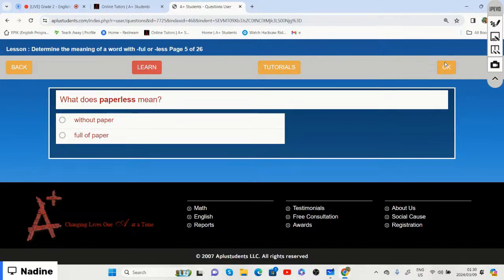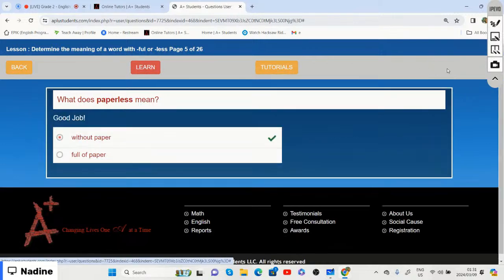All right, so paperless means without paper.